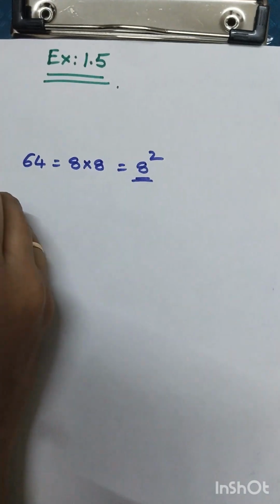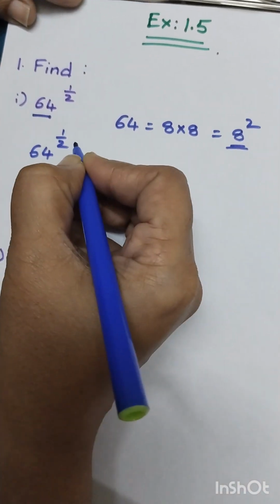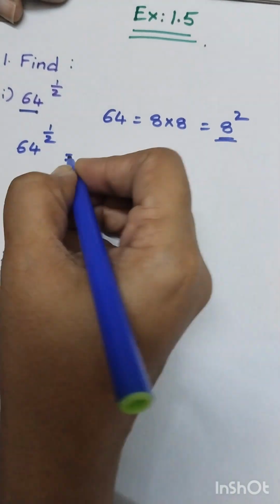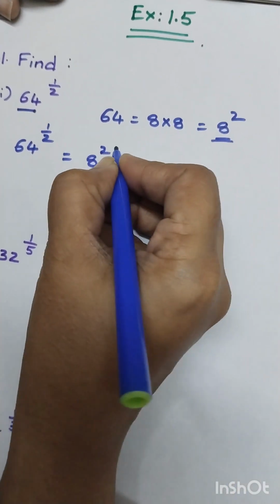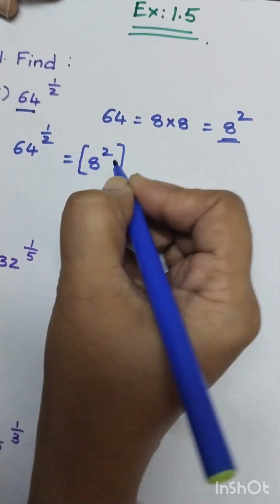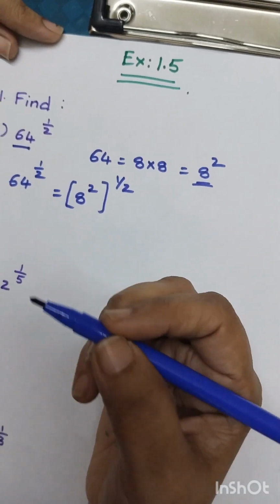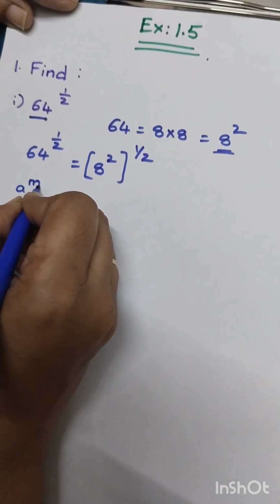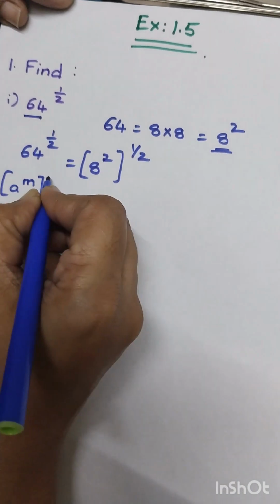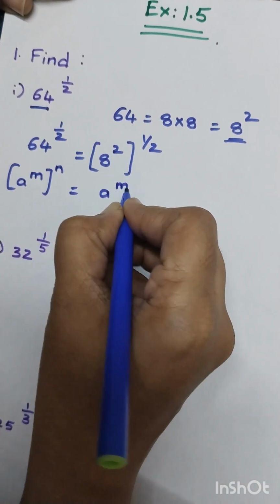Now we have to solve 64 power 1 by 2. So 64, as we have solved, can be written as 8 power 2, and this whole power 1 by 2. Let's recall the identity a power m whole power n. What does this give? A power mn.